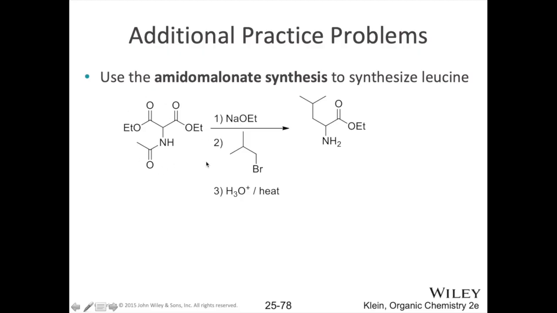So here we have our amidomalonate, right? And of course you treat it with a base that deprotonates that alpha carbon. Now, to make leucine, we want this isopropyl group added on, or sorry, an isobutyl group added on as our side chain. So we're going to use a corresponding alkyl halide here to tack on that alkyl group.